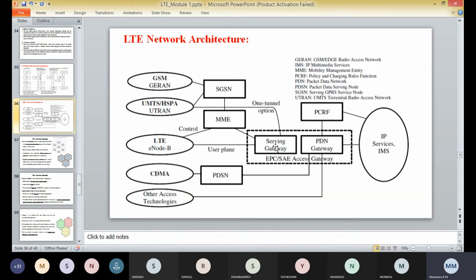And the second element is the Packet Data Network Gateway, that is PGW. It acts as a termination point of the EPC towards other packet data networks such as the internet, private IP networks, or the IMS network providing end user services. It also provides functions such as IP address allocation, policy enforcement, packet filtering, and charging support.